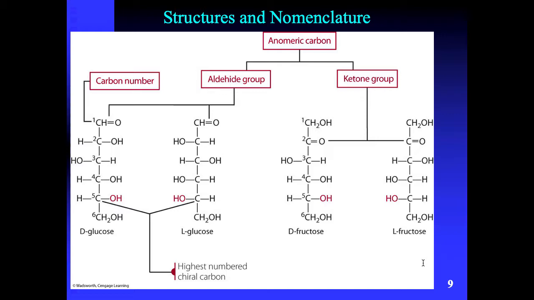In solution, these guys are going to tend to form cyclic structures. And once they form that cyclic structure, they can actually open and reform. So they can sometimes flip. We'll talk about the D and the L in a second. But if you look over here, here's fructose. And it has that's a ketone. So this is an aldehyde.